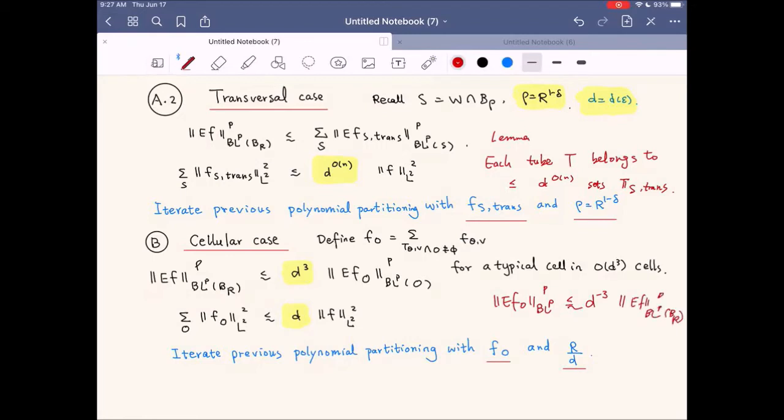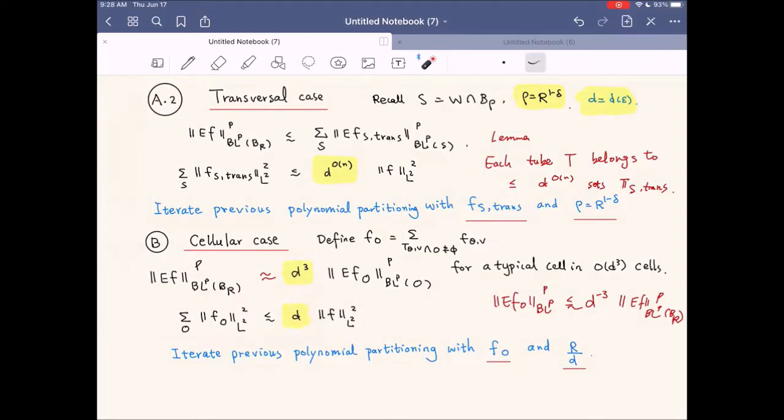But if it's also bounded below by this function, then we know that for a typical cell, it should be roughly the same. Okay, and this follows from the fact that each tube intersects at most D many cells. So those are the two pieces of information we get from the transversal case and cellular case.